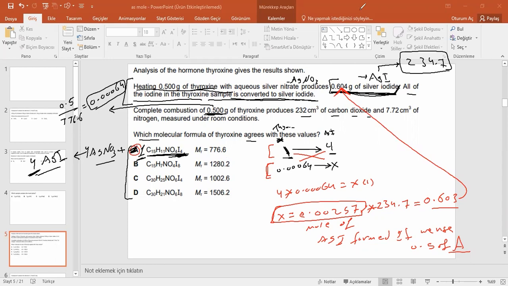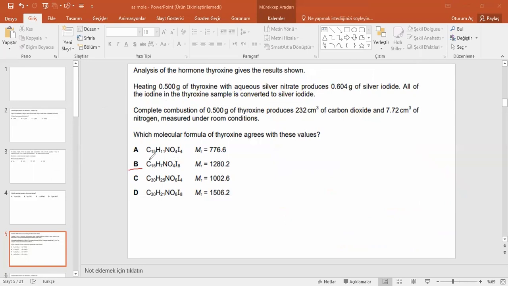And to make sure, guys, let me show you other options, and I will do them in the same way. So let's do question part B, option B, to make sure if my answer is correct or not. So in part B, as we see, guys, if we use 1 mole of this and we reacted with AgNO3, all iodine here, I molecules become AgI.